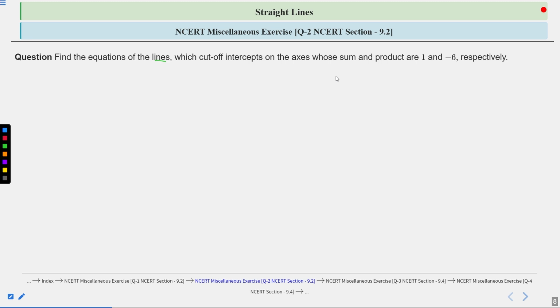Then we have to find the equations of the lines. Students, first of all try it yourself and then see the solution. You have 30 seconds to try to solve this question, and then we will solve it.